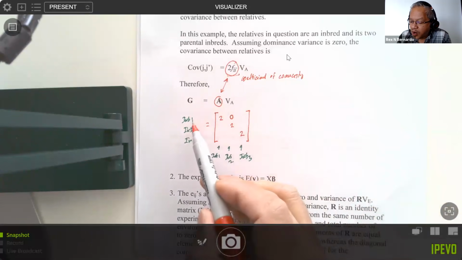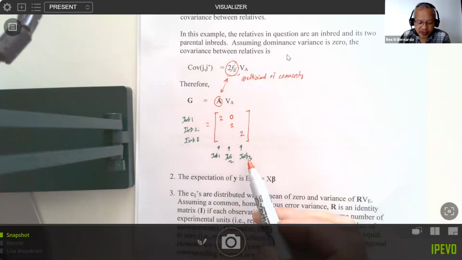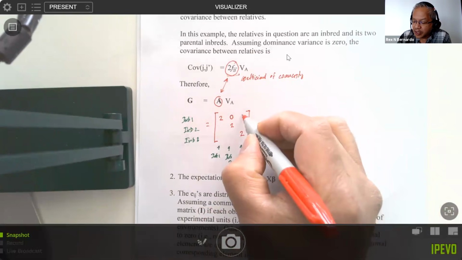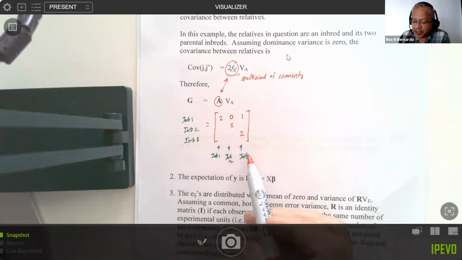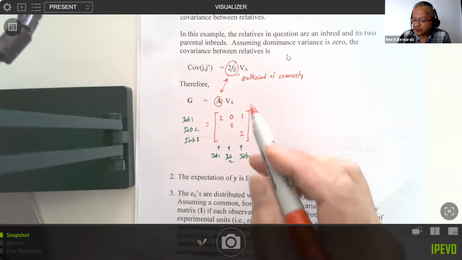And then for inbred 1 and inbred 3, it is a parent-offspring relationship. Their coefficient of coancestry was a half. We multiply that by 2, so that becomes equal to 1. Between inbred 2 and 3, again the same parent-offspring relationship, a coefficient of coancestry of a half multiplied by 2 equals 1.